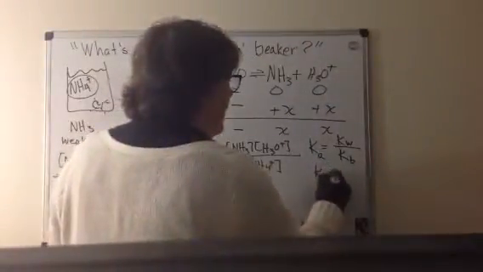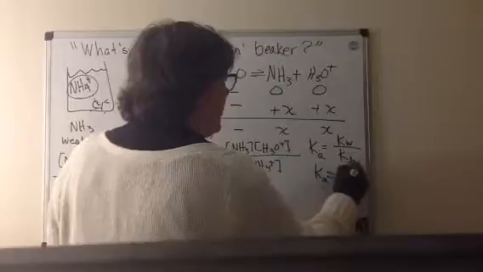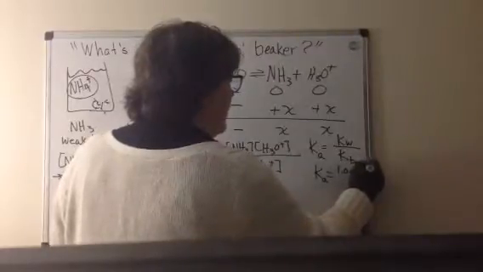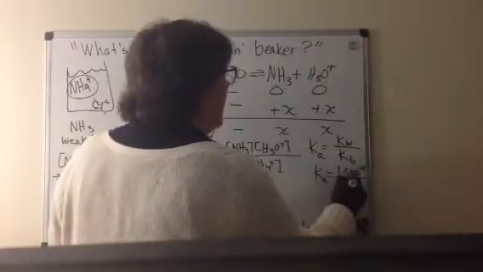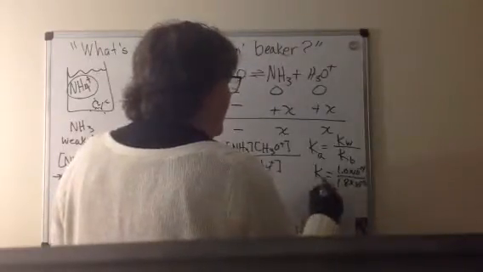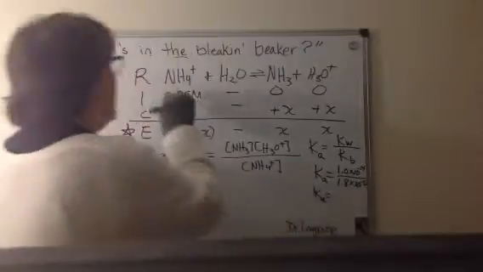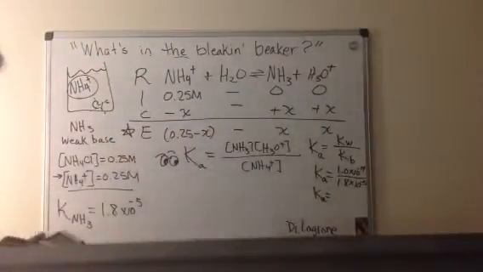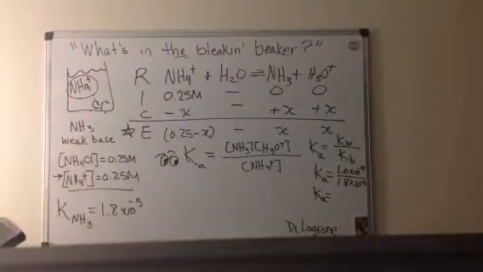Therefore, K for its conjugate acid ammonium ion is going to be 1 times 10 to the minus 14 divided by 1.8 times 10 to the negative 5. And we find then that the Ka for this acid, ammonium ion, is 5.6, I'm pretty sure.